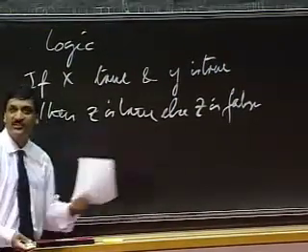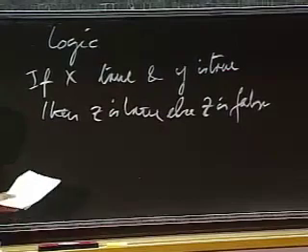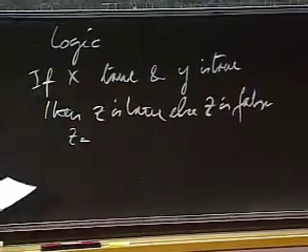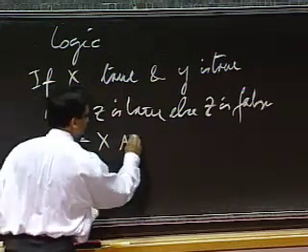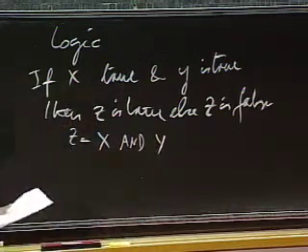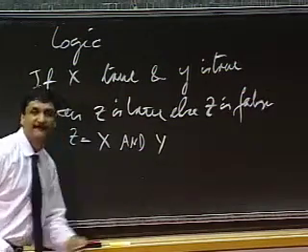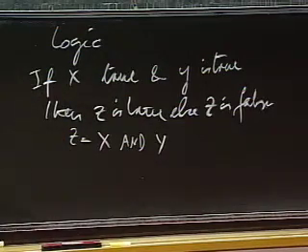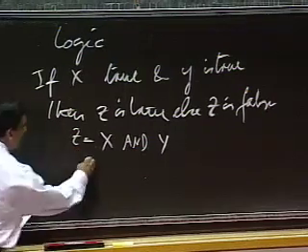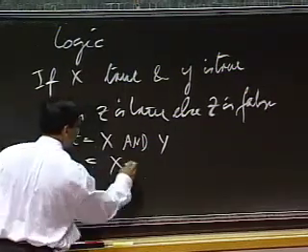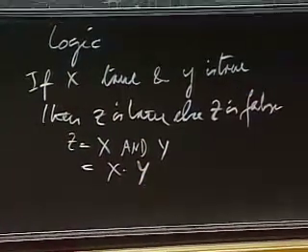Okay, so I can process this with zeros and ones, trues and falses. And I do this all the time, so I have a succinct notation for this. I express this as Z is X ANDed with Y. So Z is true if X is true and Y is true. A shorthand notation for this is just a dot.